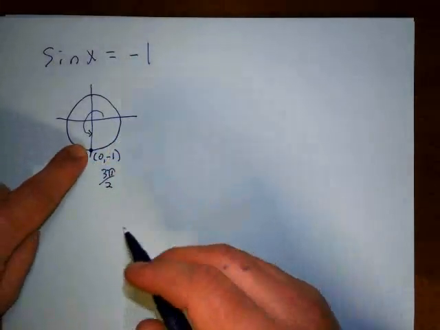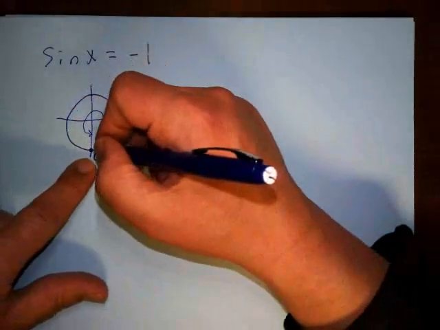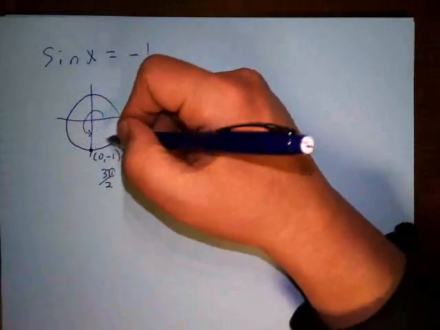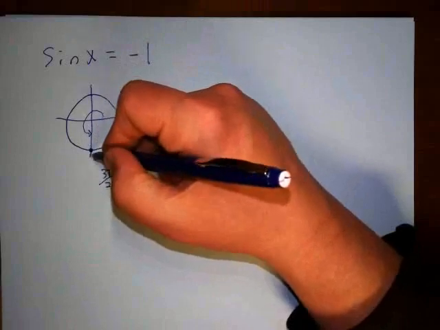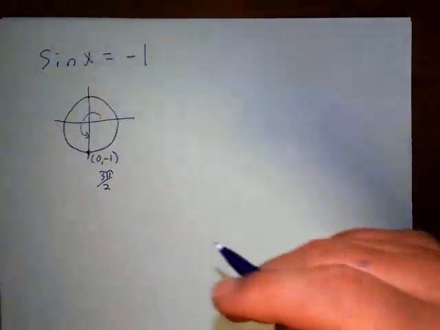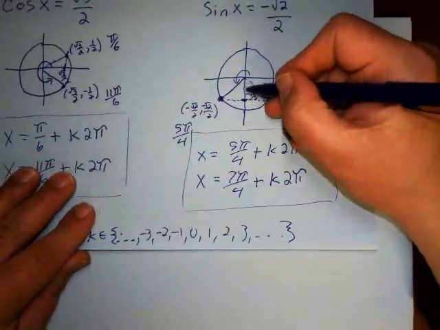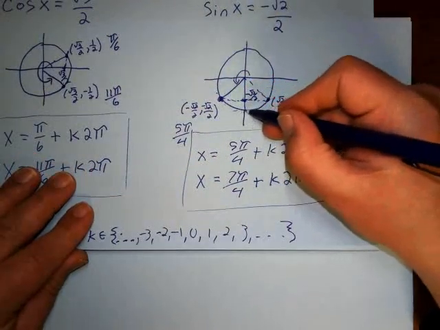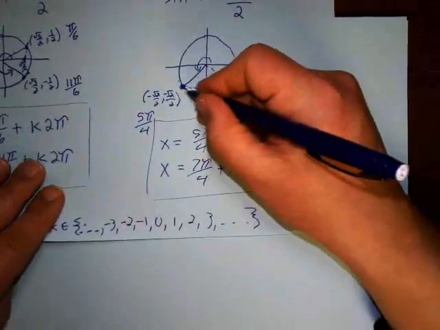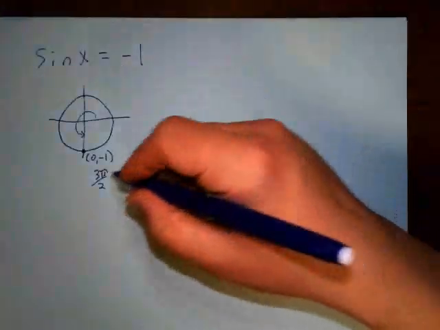And notice here, that's the only place where the sine is equal to negative 1. There's not two places. If you look here, for any of these values you get two places, but when you get to negative 1, that horizontal line is just tangent.